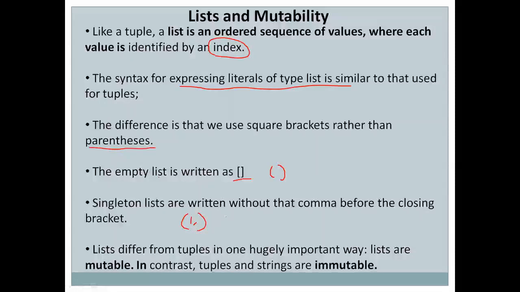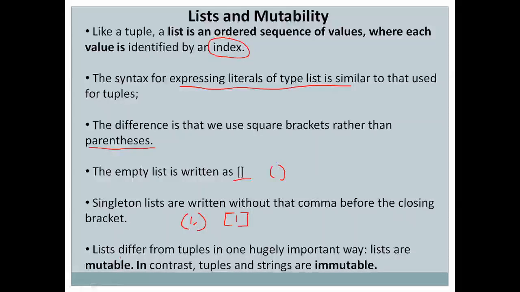But a singleton list is simply declared like this, and it does not have a comma before the closing bracket. So there is no comma after the value. This is a singleton list and this is a singleton tuple.